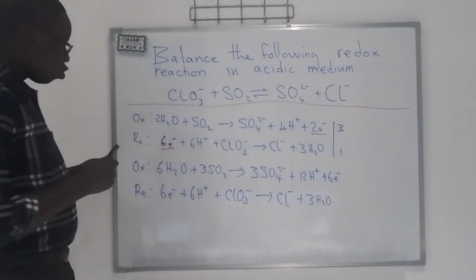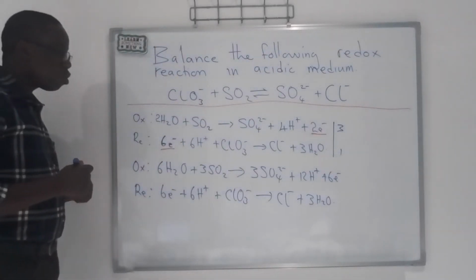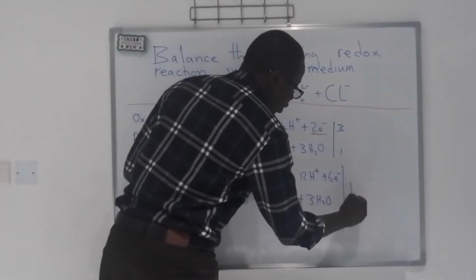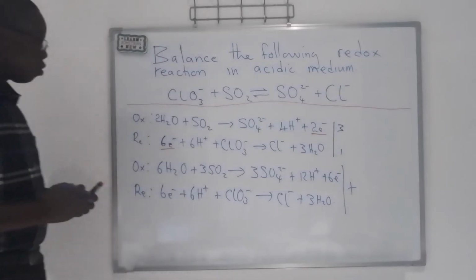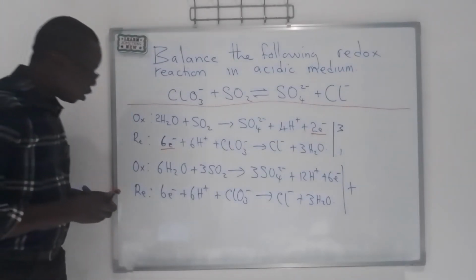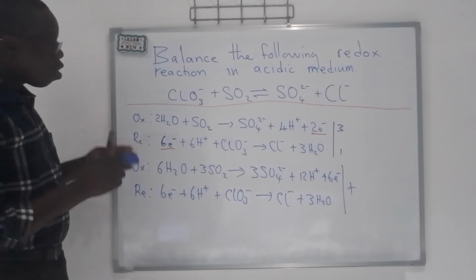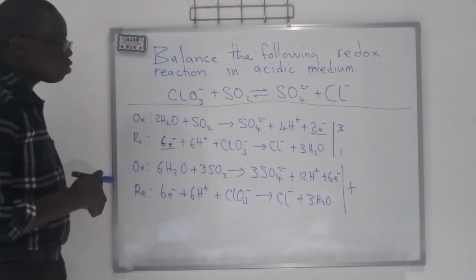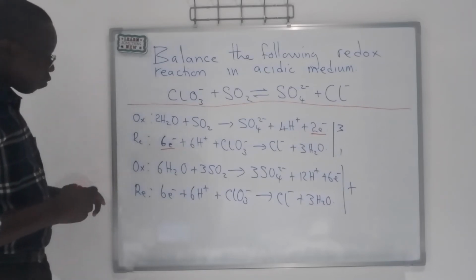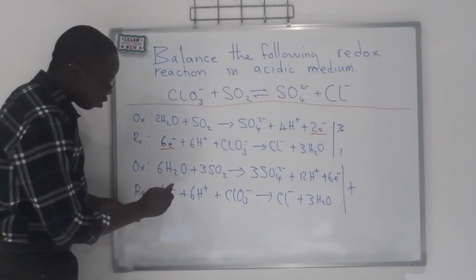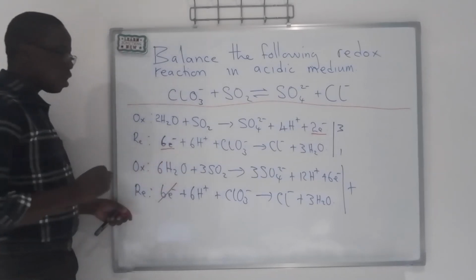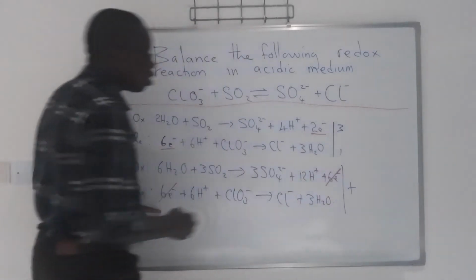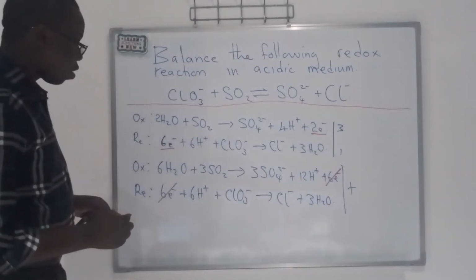So now that we have reached this far, we simply add the 2 equations. When you are adding the 2 equations, some of the reactants and some of the products will simplify. Take for instance, you will notice that the 6 electrons on the reactants will simplify with the 6 electrons on the product.